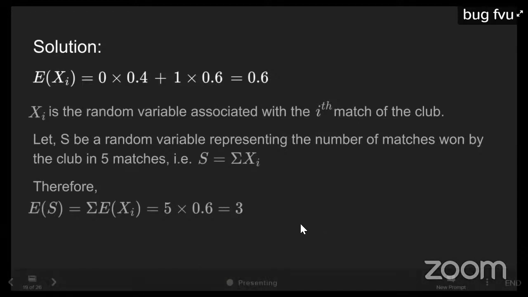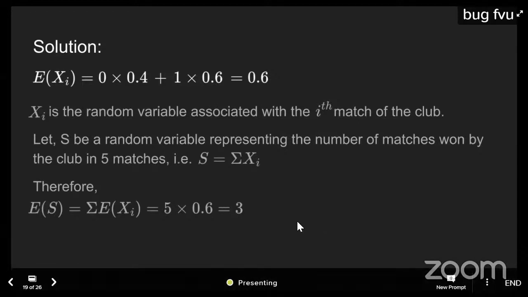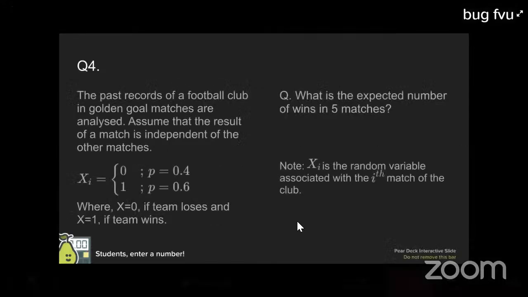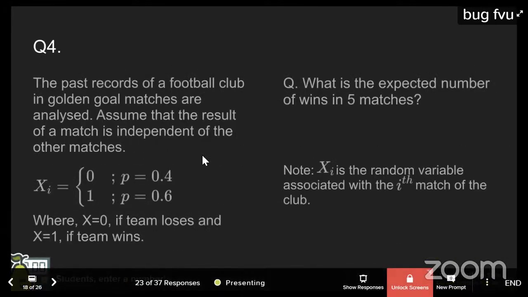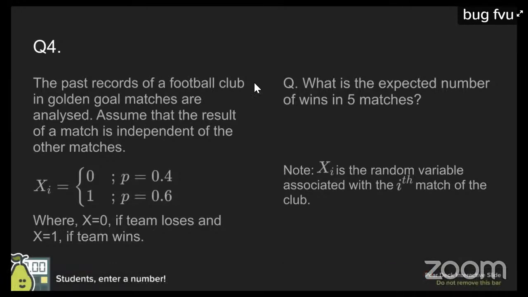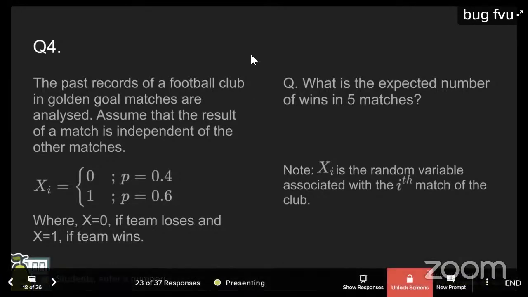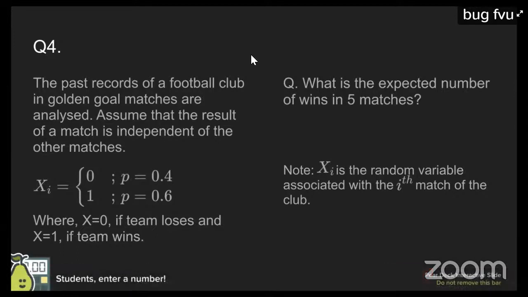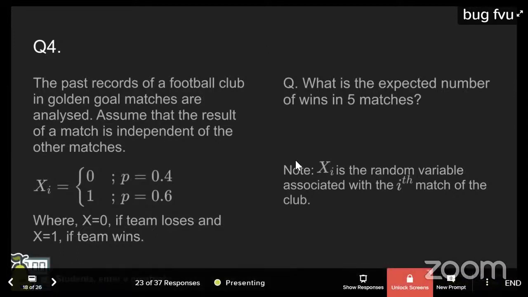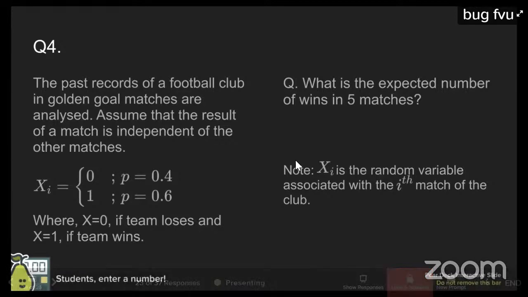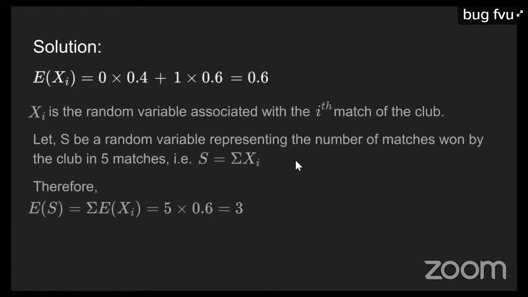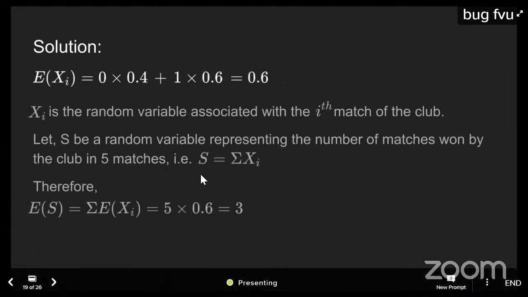Sir, in the question it is mentioned that if the team wins, 0.6 is the probability, right? So what I did is, the question asks for the expected number of wins in 5 matches, so I just took 0.6 into 5. I didn't do 0 into 0.4 plus 1 into 0.6.